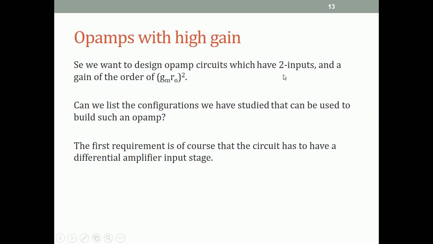The first requirement is that it has to be a circuit that has two inputs, so it has to have a differential amplifier input stage. Given this, list the configurations we could use to build an op-amp of gain of the order of gmro squared. Gmro squared by 2 is okay, but gmro is not okay.